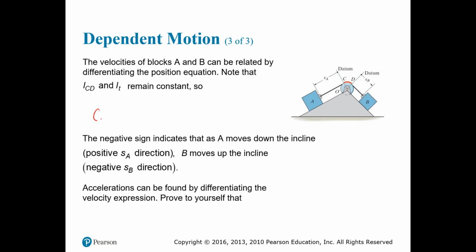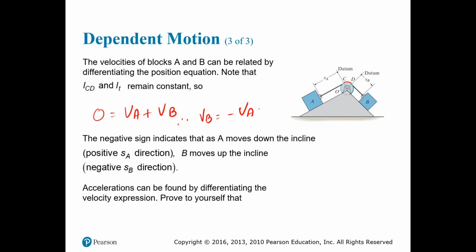So the equation can be rewritten as 0 equals VA plus VB, or VB equals negative VA. The negative sign indicates that A moves down the incline and B moves up the incline.